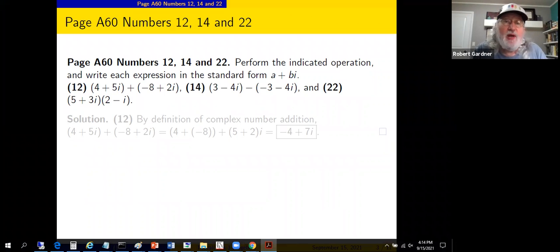Perform the indicated operations, write the result in standard form, a plus bi. We've got a sum, a difference, and a product. So those three things we did define.